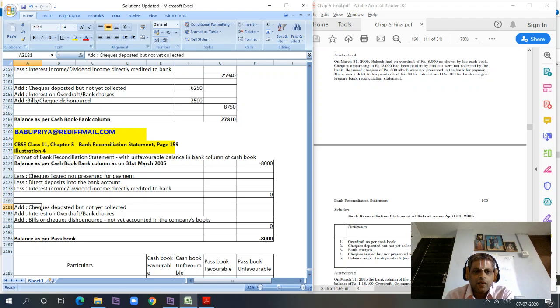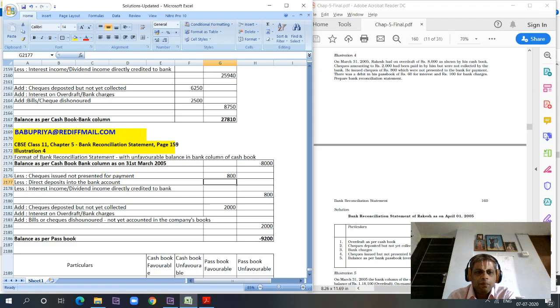So we have to add 2,000. He issued checks for 800 which were not presented in the bank for payment. Checks issued not presented, 800. There was a debit in his passbook for 80 rupees interest and 100 rupees for bank charges.